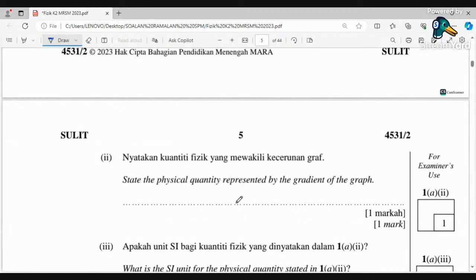State the physical quantity represented by the gradient. Just now I mentioned k equals F over x, which equals the gradient. So what is this k? It is the spring constant, or stiffness constant, of a spring.